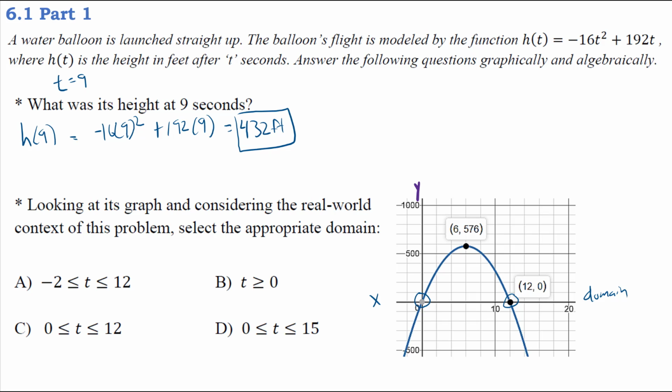So our domain should be anywhere from, and since it's on a line, it'd be less than or equal to or greater than or equal to. In this case, we say 0 less than or equal to t, which is less than or equal to 12. In other words, from 0 to 12 seconds, we had our balloon taking flight. So C is our answer.